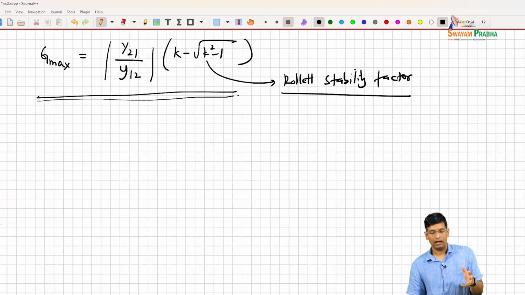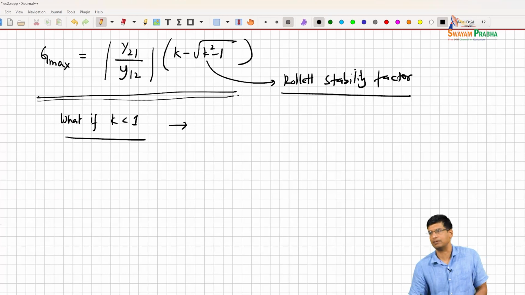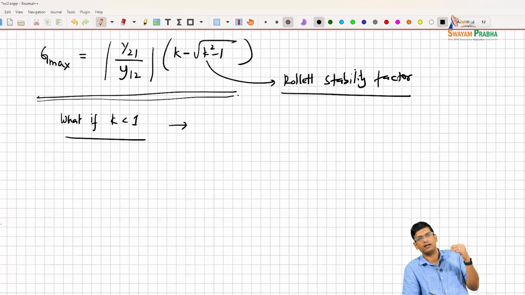Of course, there is a situation here: what if k is less than 1? This then says that you do not have unconditional stability. When you do not have unconditional stability, your transistor is potentially unstable, and there is really nothing called maximum gain, because if my transistor is unstable, it can oscillate.